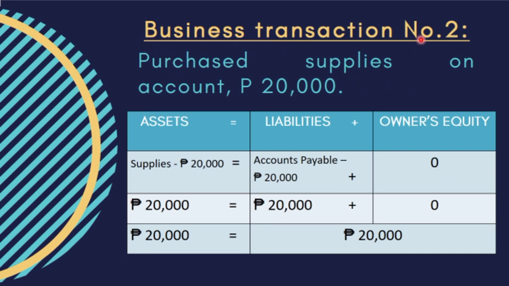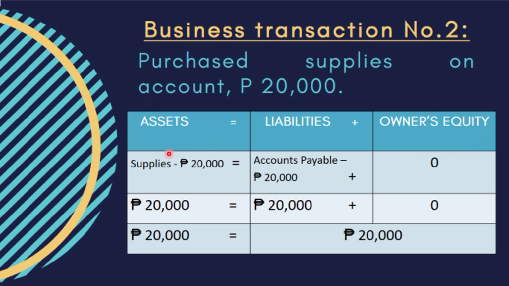Business transaction number 2. Purchase supplies on account worth 20,000. So, on our previous example, we need to know what account titles are involved in the transaction. The account titles involved in transaction number 2 are the supplies and the accounts payable. Then after that, we will use the accounting equation to plot the business transaction.